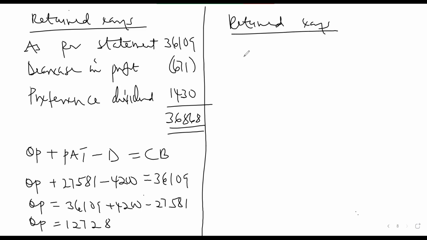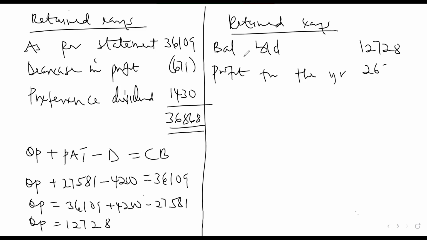So knowing this, now you can find your actual retained earnings. You can start with the retained earnings opening balance, which is 12,728. Then you add your new profit for the year, which will be 26,910. Am I correct? Yes, sir. Then you now take the dividends. The dividends over here now will be only the equity dividends.